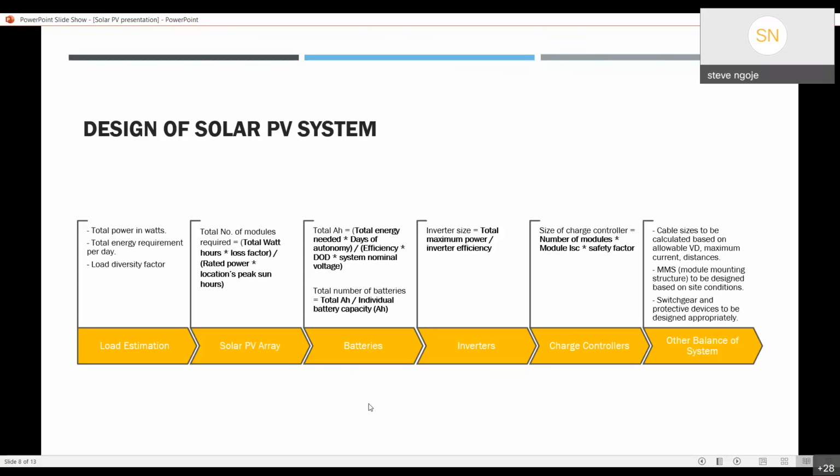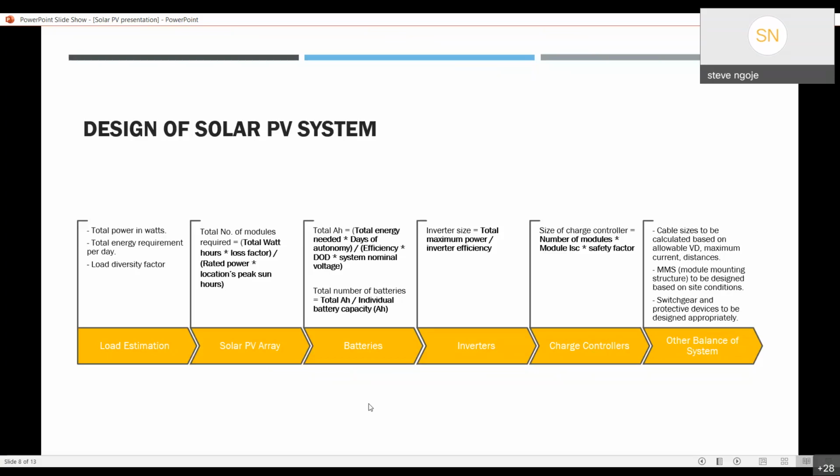After getting that, you have to figure out what charge controllers are there in the market, and how many you need to achieve this, because sometimes it's going to be higher than what actually exists. So you need to use multiple of them and combine their outputs.